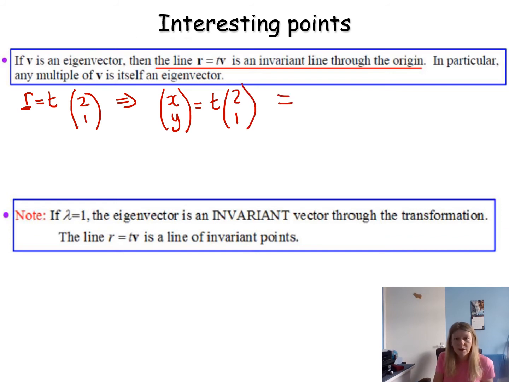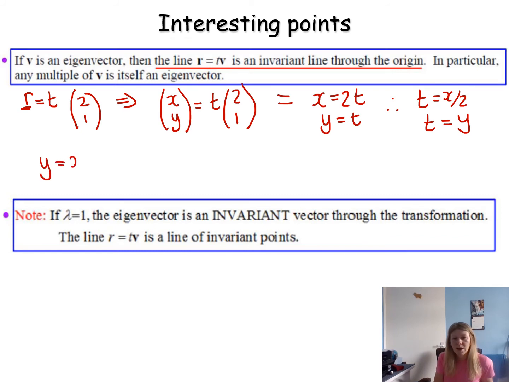And that implies, if you just read them across, that x equals 2t and y equals t. Now, if you try and eliminate t from that, t equals x over 2 and t equals y. So if t is t, then y will equal x over 2.